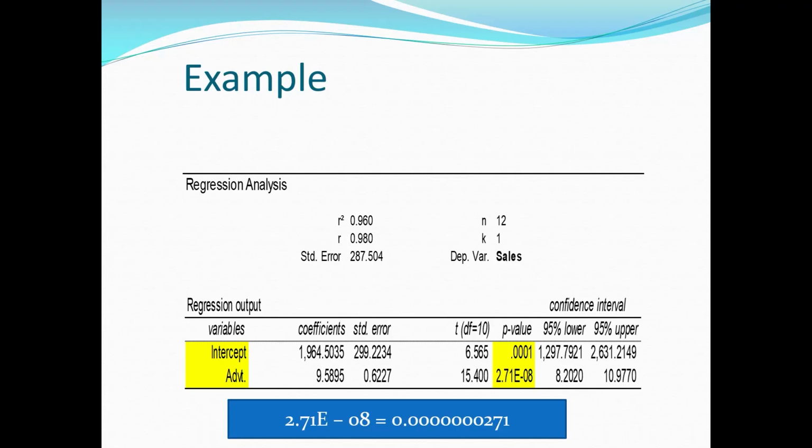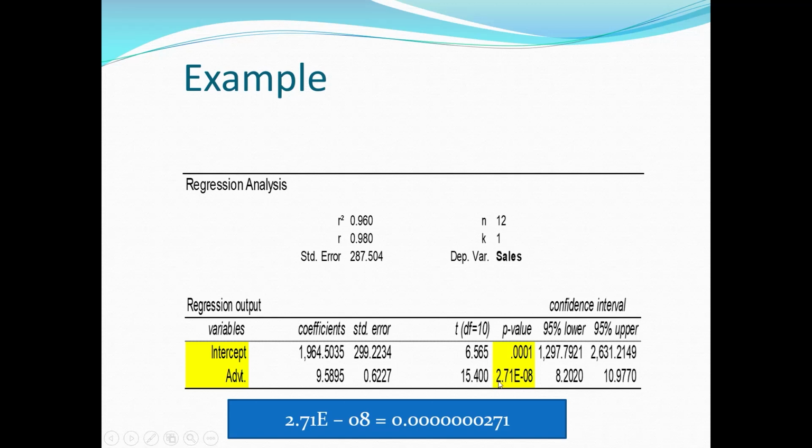E minus 8 means this 2.71 value has to be rewritten with the decimal point shifted to the left side 8 places. Minus means left side, plus means to the right side. So minus means this decimal point has to be shifted to the left 8 places.